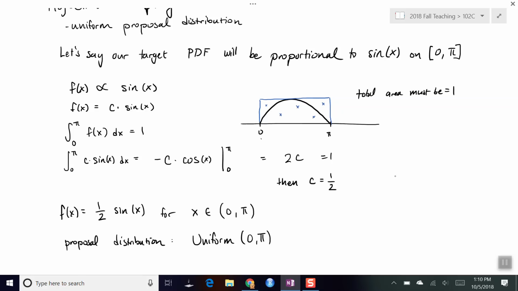Okay, and if we do it that way, then we will generate values according to the PDF. And so the envelope corresponds to our proposal distribution.